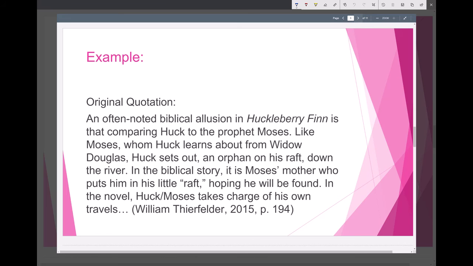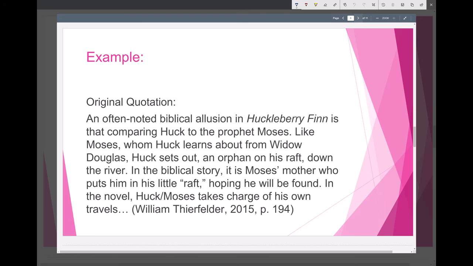An oft-noted biblical allusion in Huckleberry Finn, that's a storybook, is that comparing Huck to the prophet Moses. Like Moses, whom Huck learns about from widow Douglas, Huck sets out, an orphan on his raft, down the river.